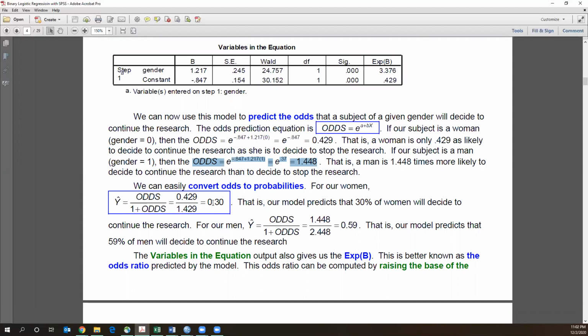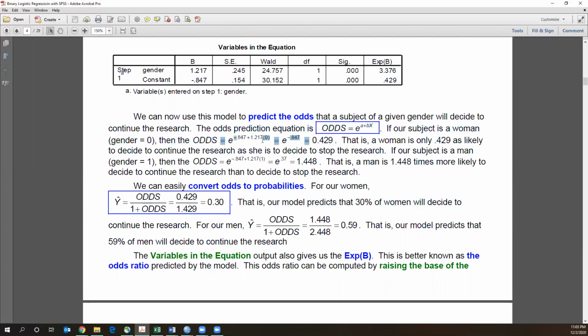For our women, we've got to do the convert odds to probability. So that left us with our model predicts 30% of the women will decide to continue the research. For our men, it's 0.59. We've calculated that here with the 0.429, right?